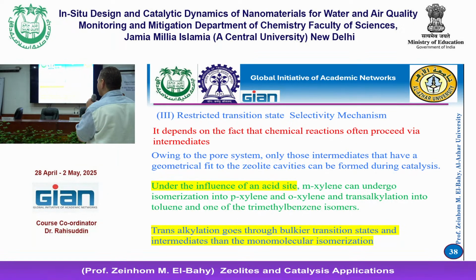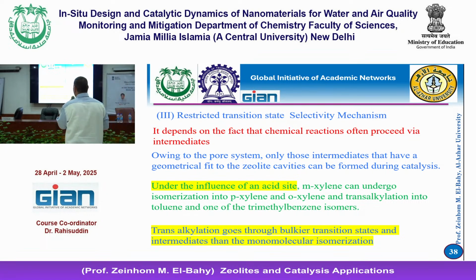The third is the restricted transition state selectivity mechanism, and it is related to the formation of different intermediates. If this is a reactant, this reactant goes inside and the reaction occurs, and then it gives us the product.